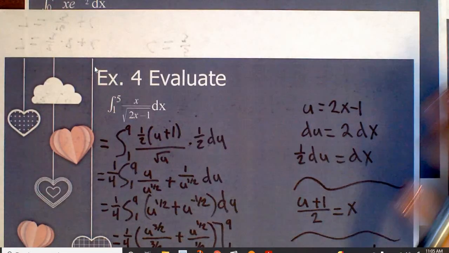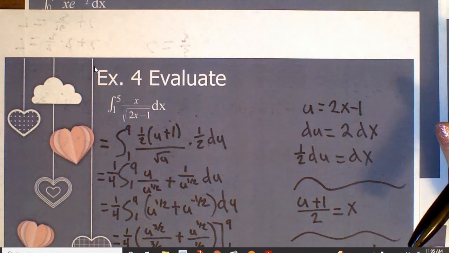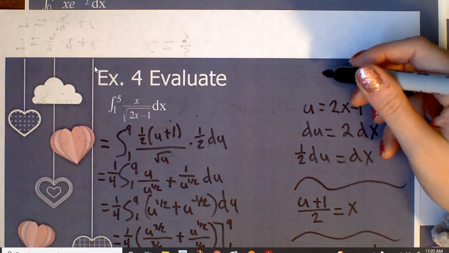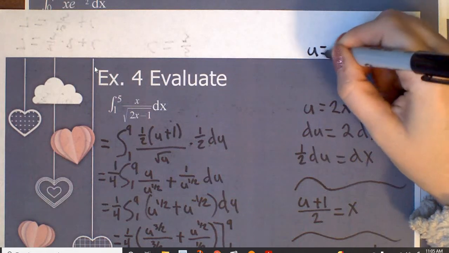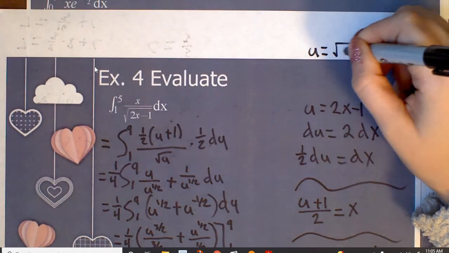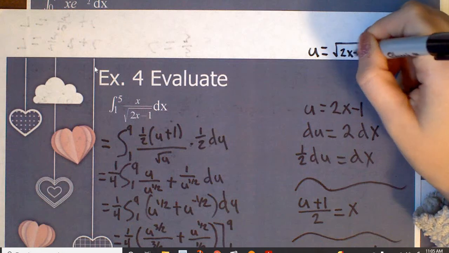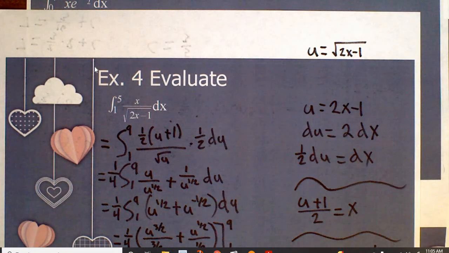Now, like I said, there is another way that you can do it, and this is the way that your book does it. So if you wanted to follow along with how they do it, you can look in section 4.5. But the way that they do it instead is by letting u equal the entire denominator, so the square root of 2x minus 1.